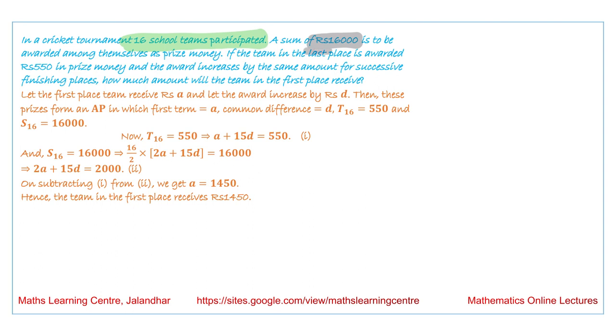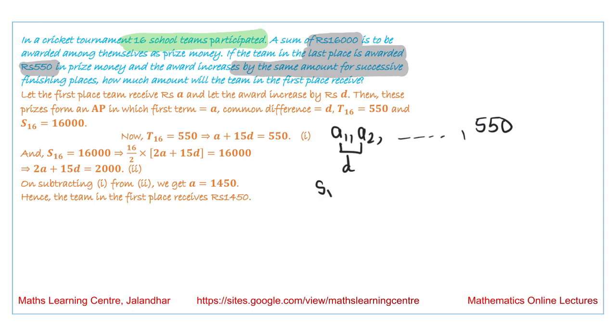If the team in the last place is awarded 550 in prize money, and the award increases by the same amount for successive finishing places, how much amount will the team in the first place receive? So we have A1, A2, and so on up to the last term, which is 550. The common difference, suppose it is D, and the sum of all these values is given to be 16000.